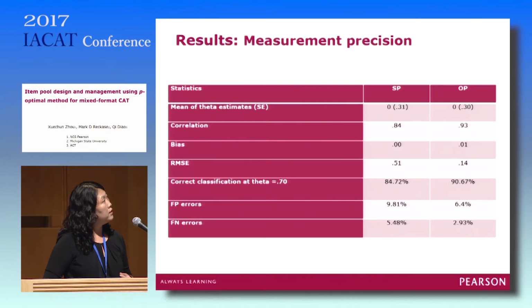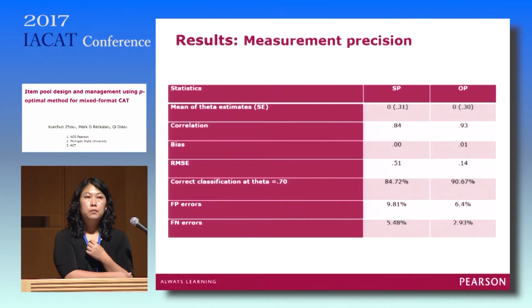And you can see in terms of correlation between theta hat and the true theta, the operational pool is higher than the simulated pool. And for the operational pool, the RMSE is also smaller than the simulated pool. And in terms of classification accuracy, both in terms of correct classification percentage and in terms of false positives and false negatives, the operational pool outperforms the simulated pool.